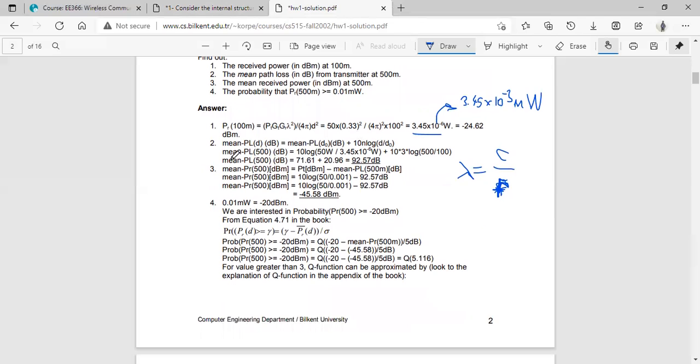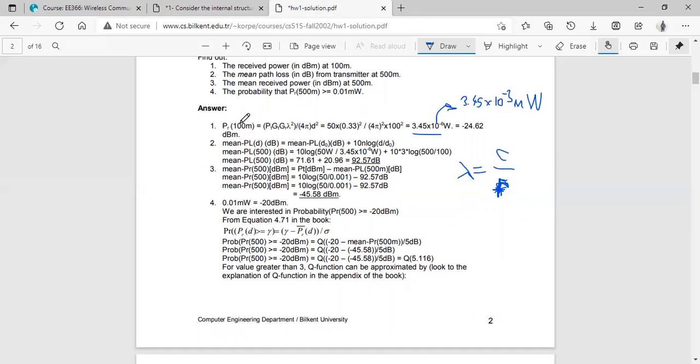Finding that, the mean path loss at 500 meters in dB is equivalent to 10 log of 50 watts divided by 3.45 times 10 to the power of -6 watts.